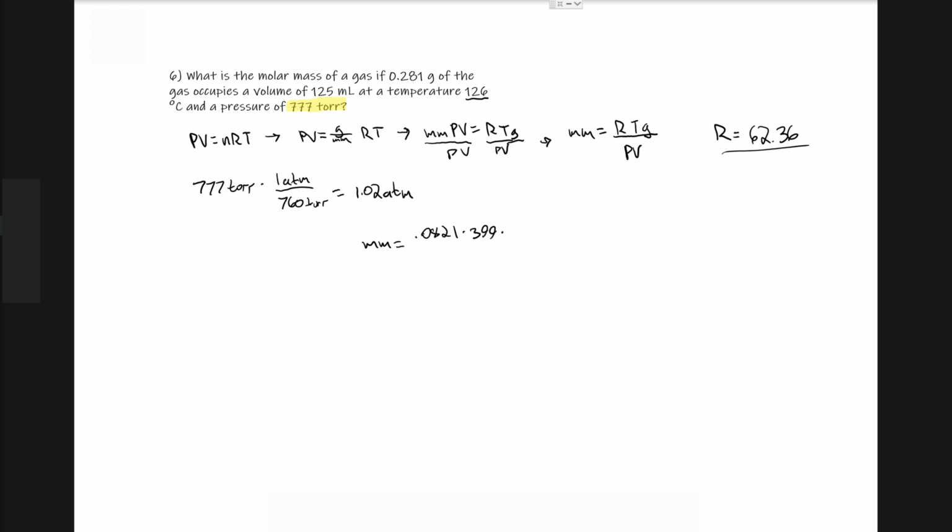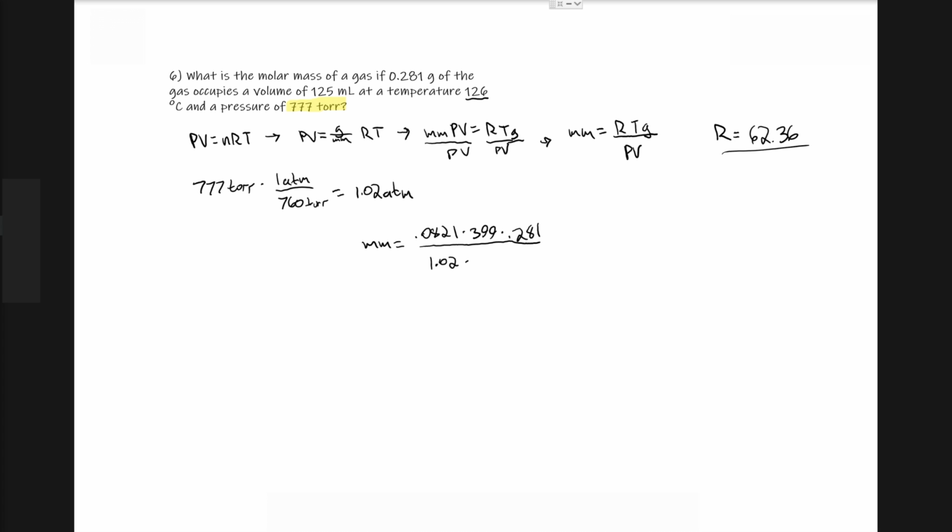And then multiply that again by the grams, which is 0.281. No conversion required there. And then we put all of that over our atmospheres. So 1.02 atmospheres. Again, make sure that you match it. We're using atmospheres here because we're using the 0.0821 gas constant.